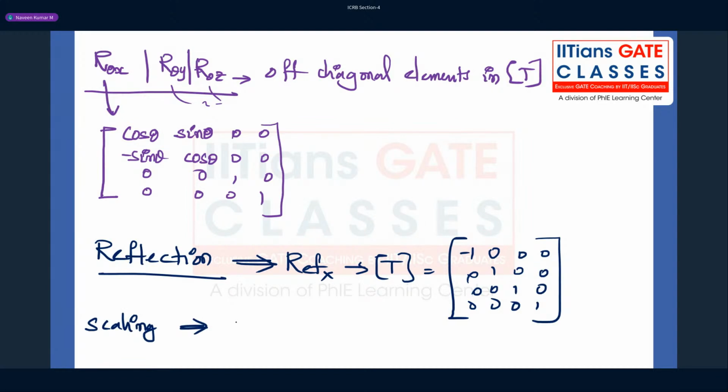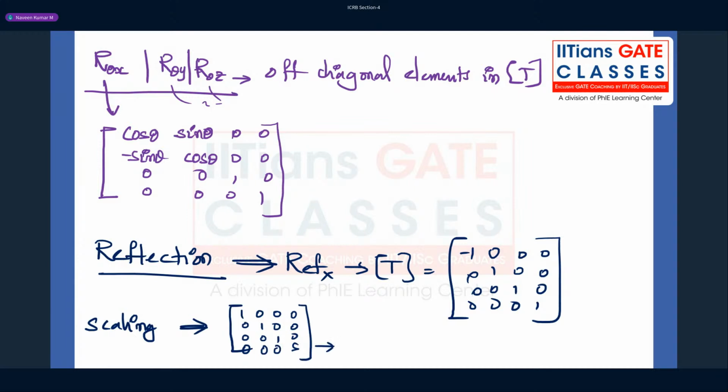If you want to do the scaling matrix, you have some identity matrix here: 1 0 0 0 1 0 0 0 1 0 0 0 0 0 0, and sx as scaling. This is scaling, and this is the right answer, right?